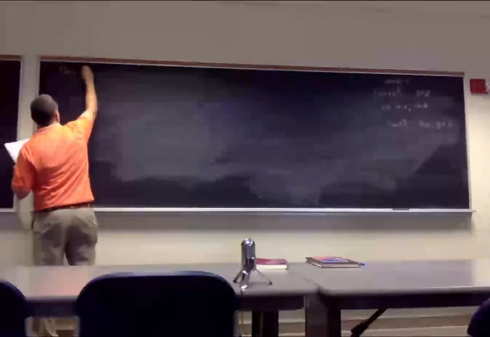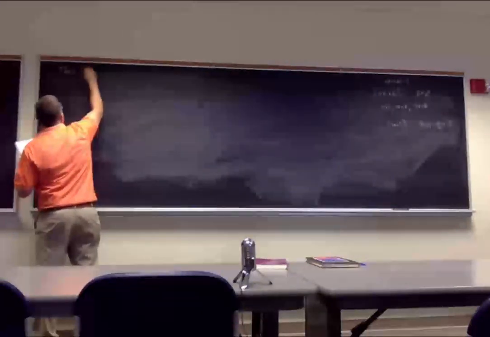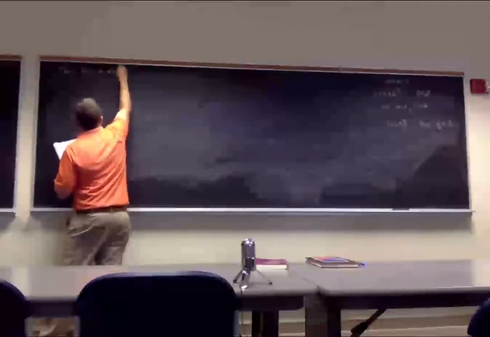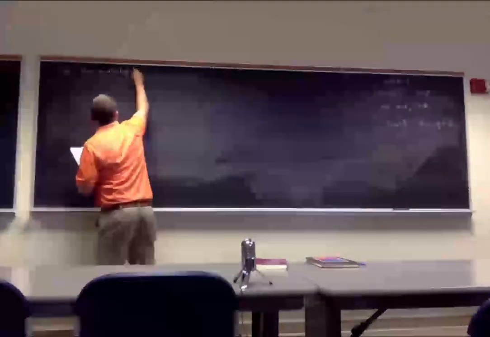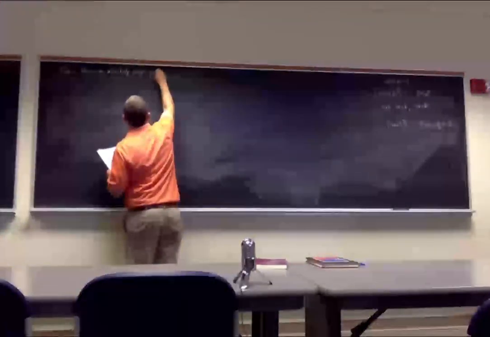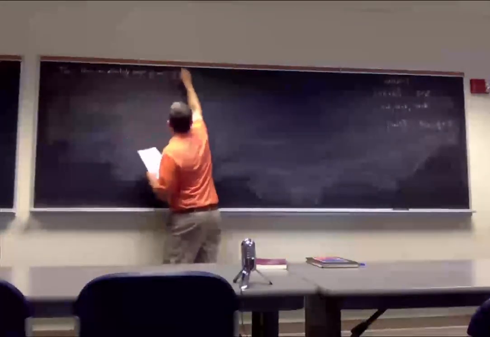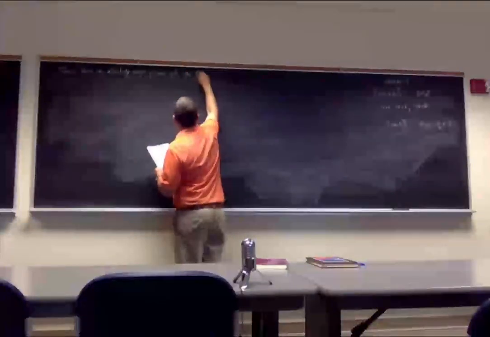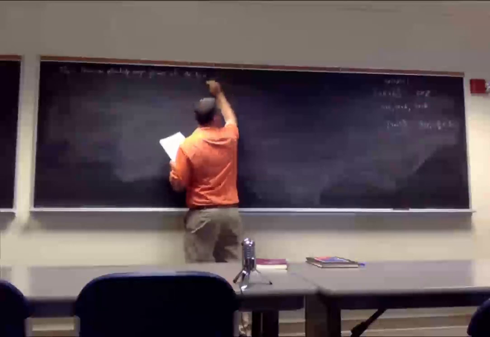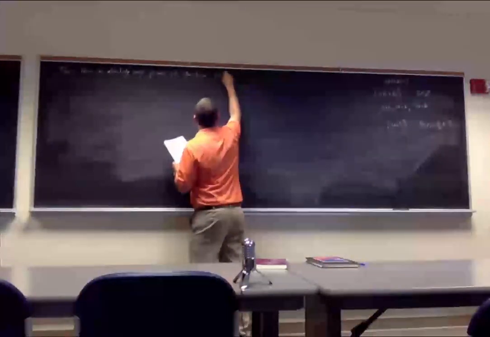Let's just put it this way: there are infinitely many primes of the form 6k plus 5.